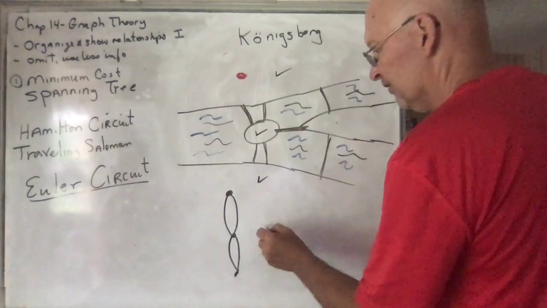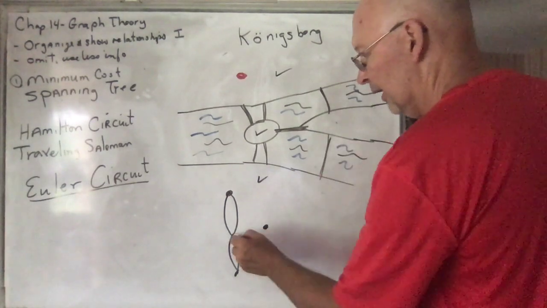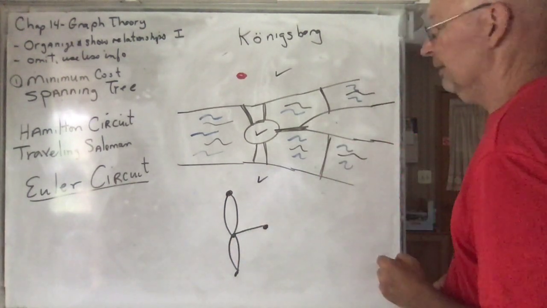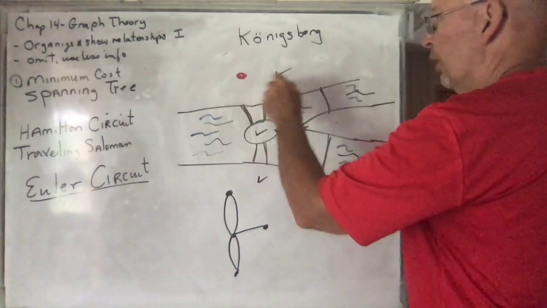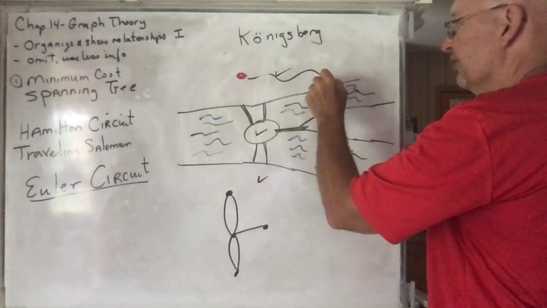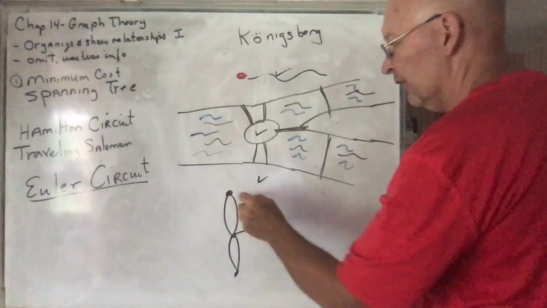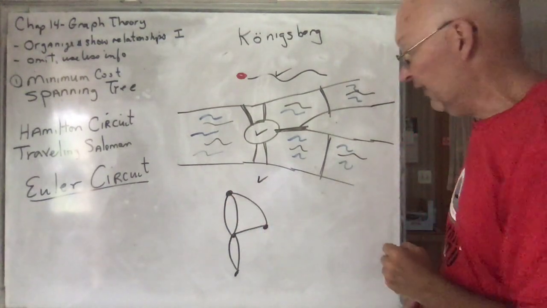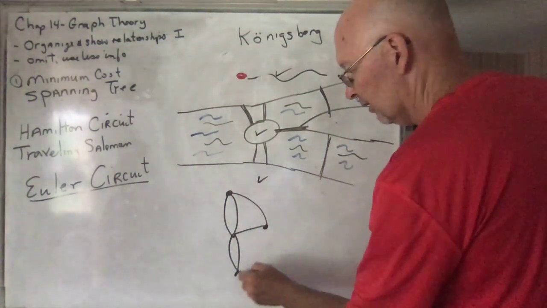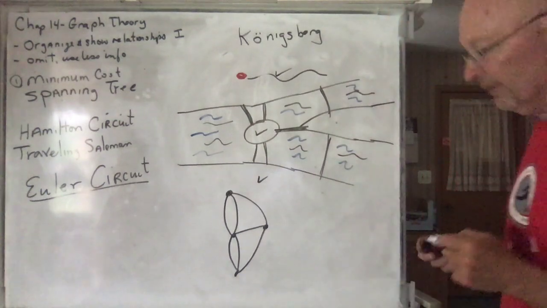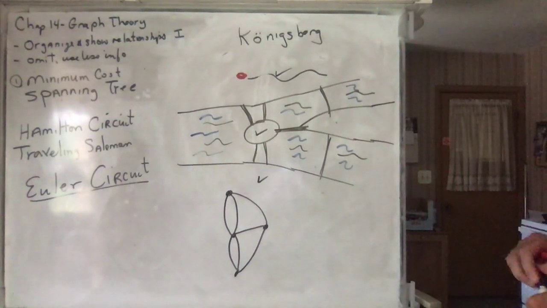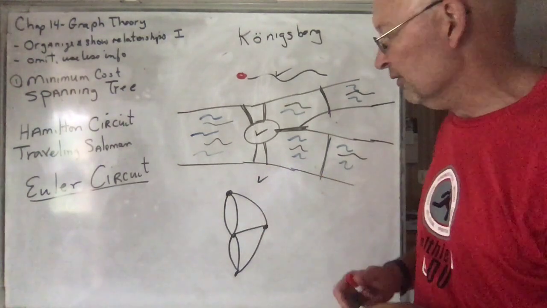Then you've got another piece of land here, another vertex, and one bridge that goes from there to there. And then you've got one bridge here, you're just walking on land, so not a big deal. You've got a bridge that goes from here to here. And finally, a bridge that goes from here to here. So there's another graph. See that? That's another example of getting rid of all the extraneous information, and you've got yourself a graph.